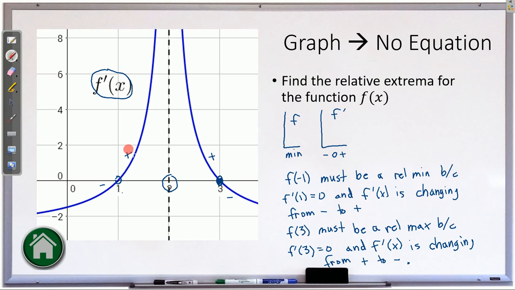Now again, we kind of look out here because it will be going from positive to positive. So there can't be a minimum or a maximum. It's neither. We don't quite have enough information either because the derivative is undefined, which means it's highly likely that the function will also be undefined.